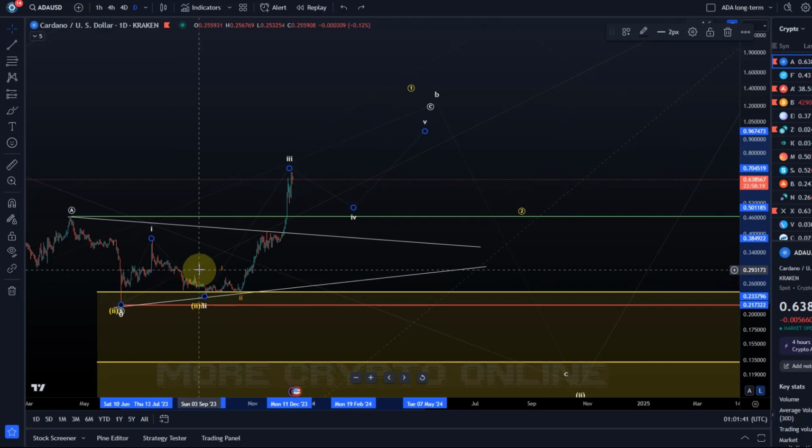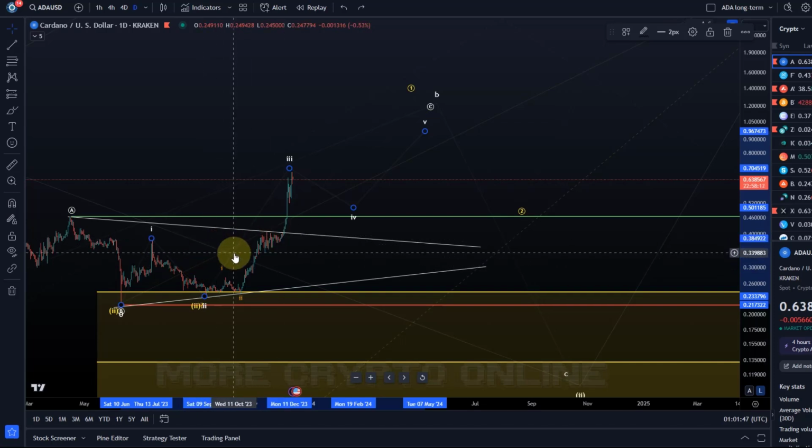It just doesn't align with probabilities, as long as I have another scenario which is also possible and doesn't rely on a so-called truncation. Truncation basically means that the last wave down, which should have happened, formed, but was not able to push below the last low and therefore formed a higher low.